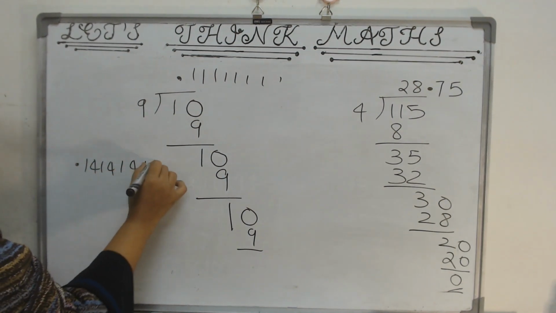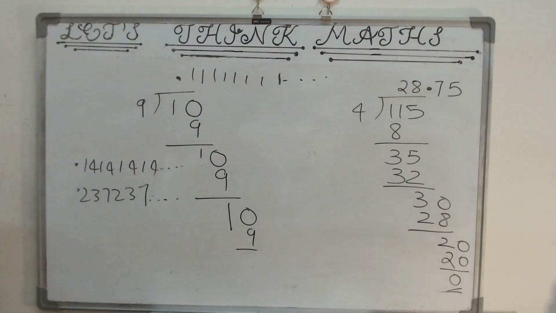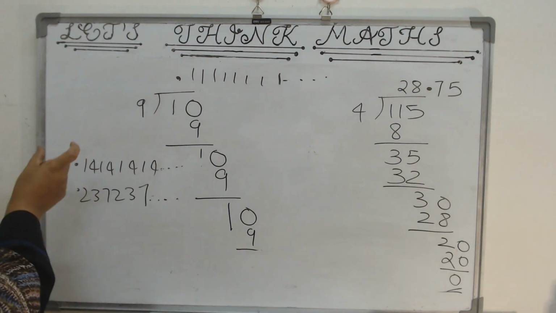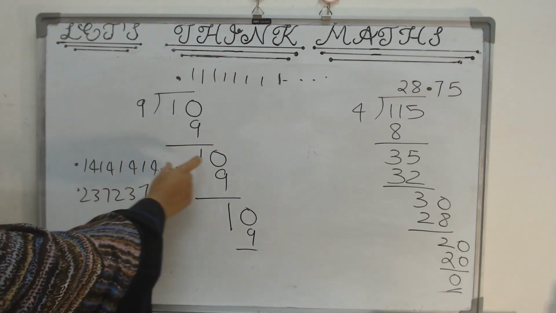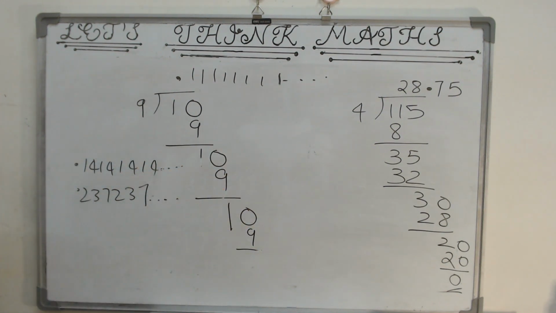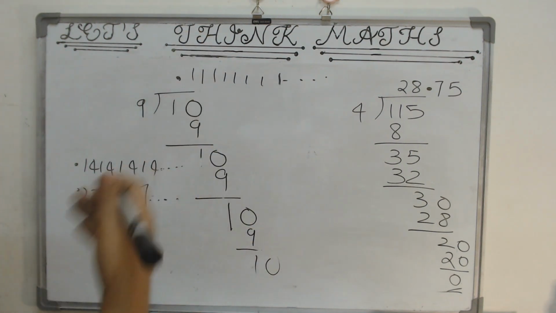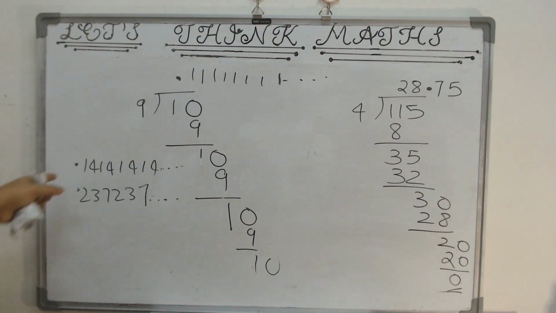See 0.141414 or 0.237237. In such cases, you will see the same set coming again and again and again. And at every level of your division, you will get the same remainder. You will see that this is just going to keep on continuing. Such decimals are known as recurring non-terminating decimals.